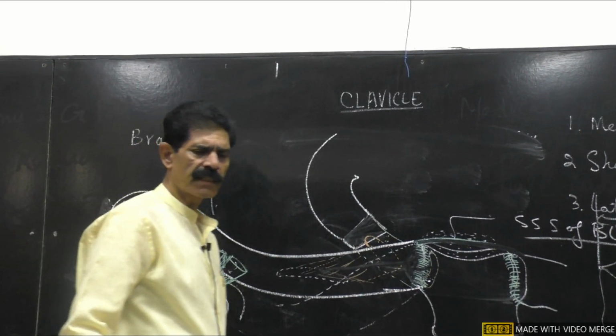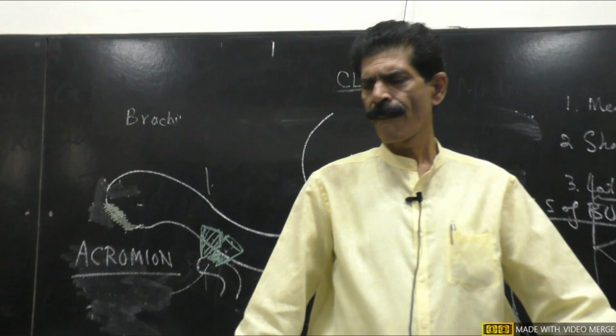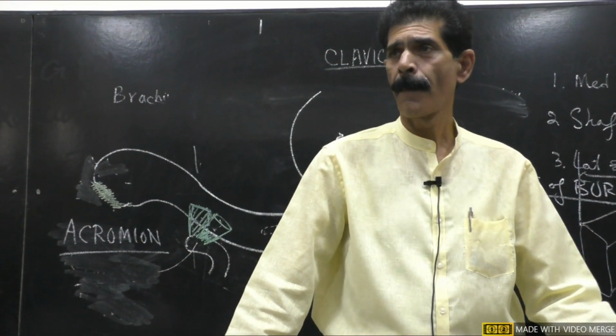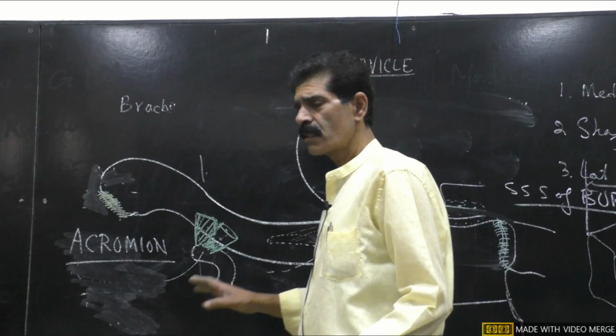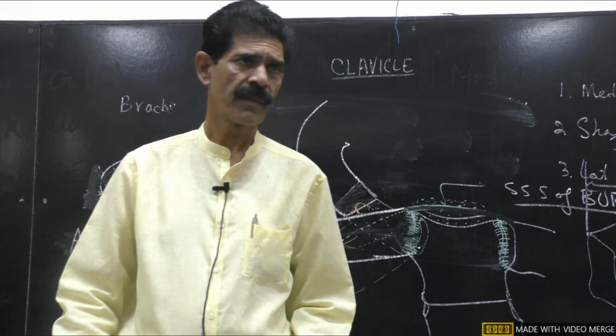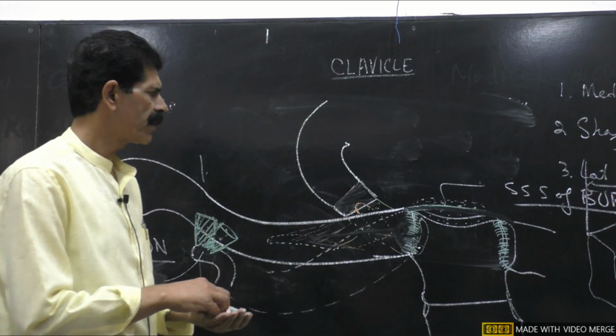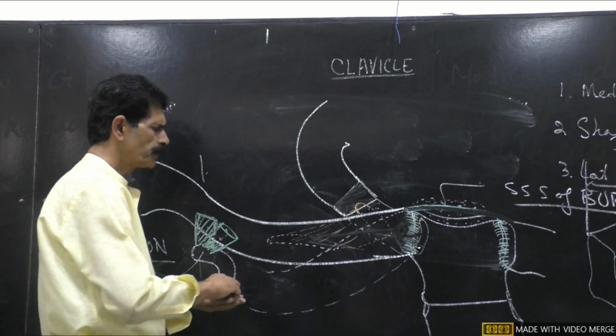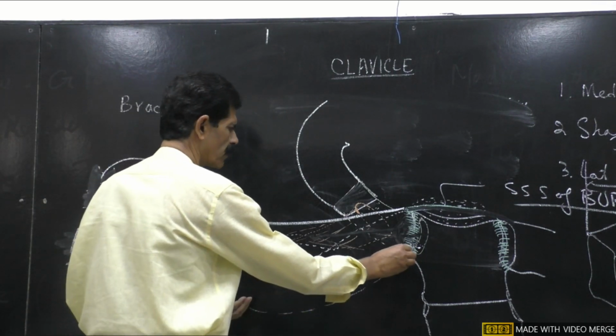So that is how we describe the clavicle morphology, that is the surfaces and the borders. Now comes its attachments. The muscle attachments, one we have already done, the insertion of the subclavius. Then the pectoralis major muscle.